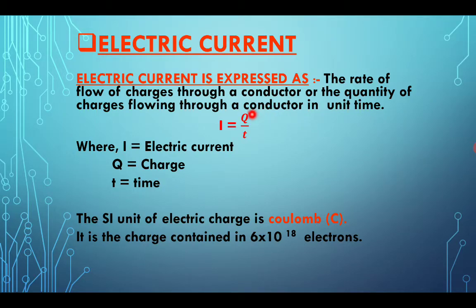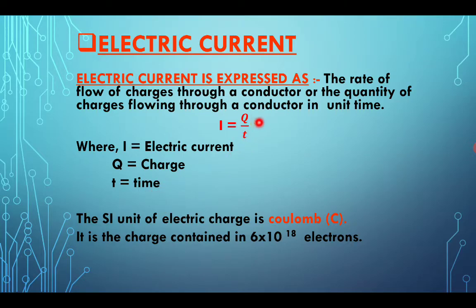Q represents the charge, t represents the time, and I represents the current. As per the definition, I = Q/t: the charge flowing through a conductor divided by the time for which the charged particles are flowing.